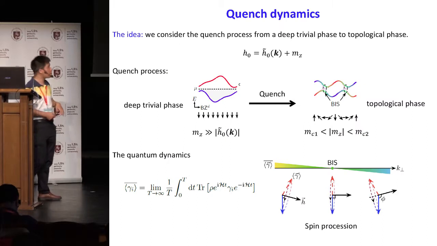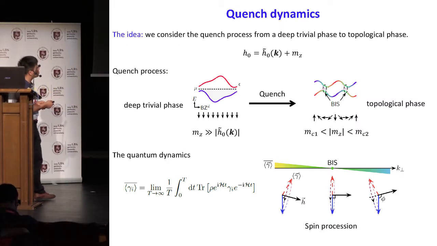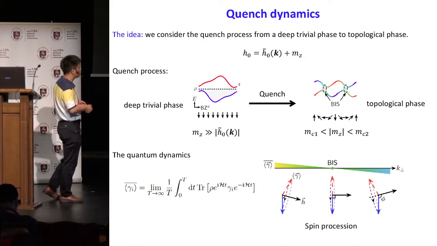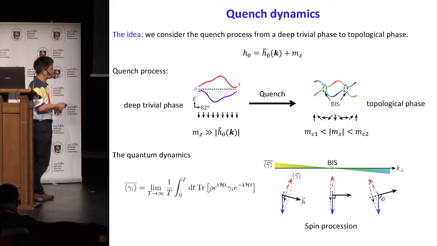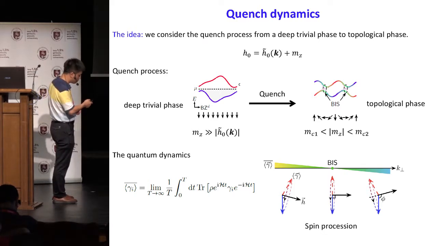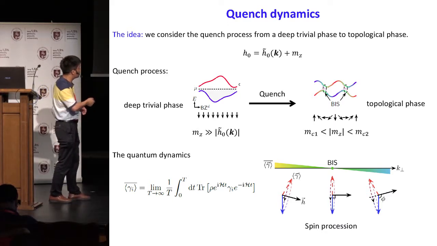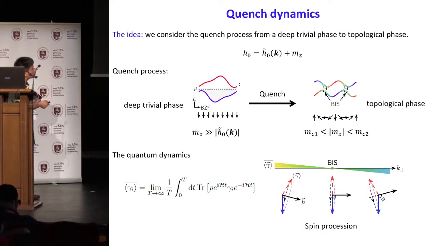Now, first of all, you can just compute the spin dynamics of the system after the quench. Then you will see that the spin will precess due to this post-quench Hamiltonian.